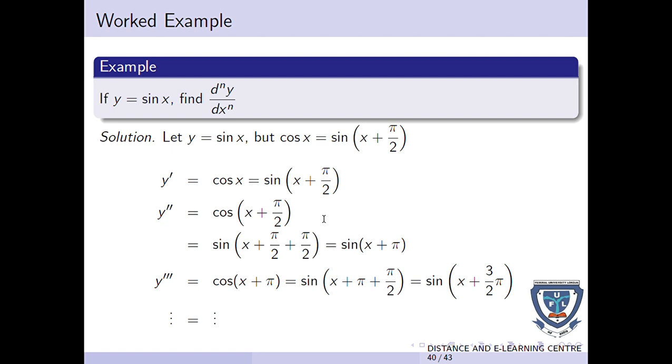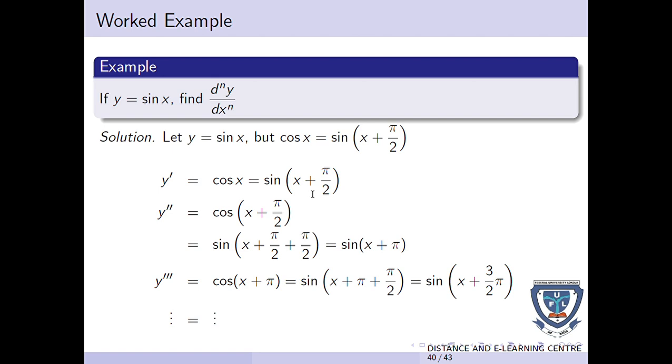Then we already know what cos x is because trig functions are actually periodic. So by being periodic, we mean that you can actually find the relationship between cos x and sine x. So cos x is equal to sine of x plus pi over 2.